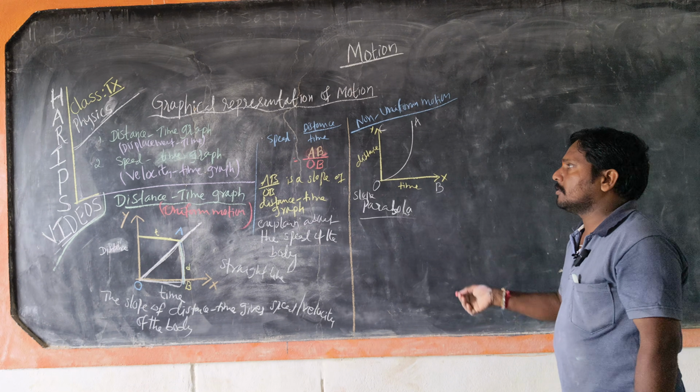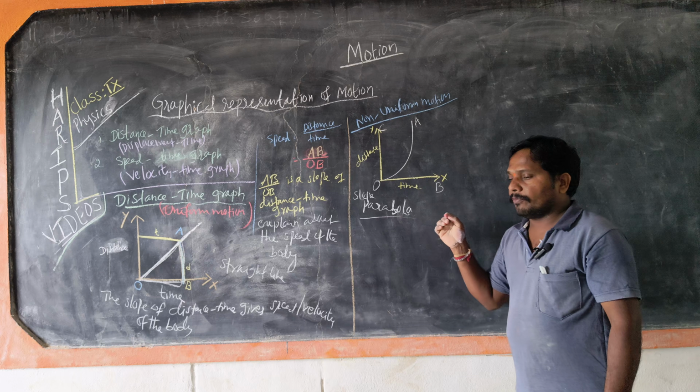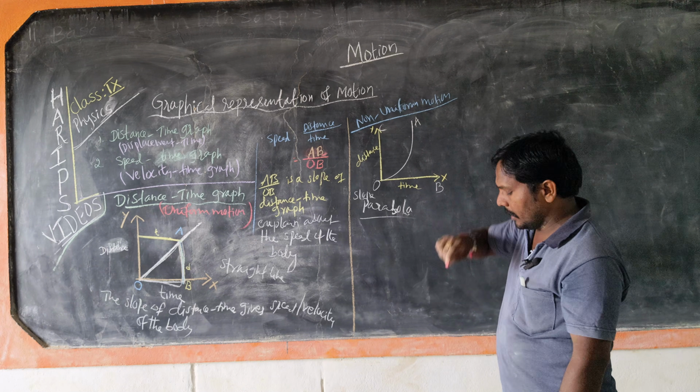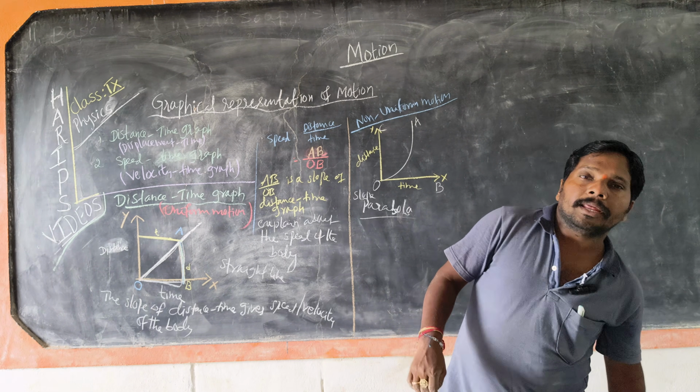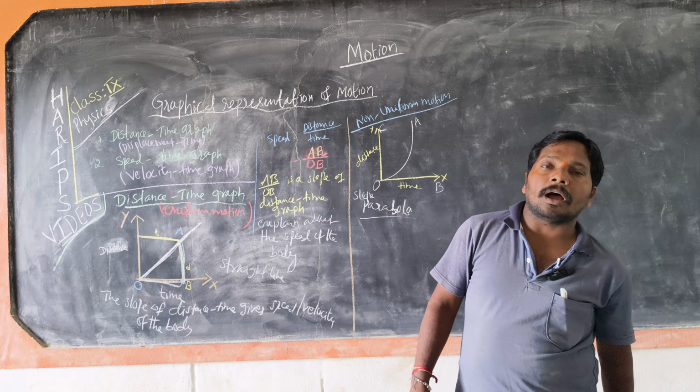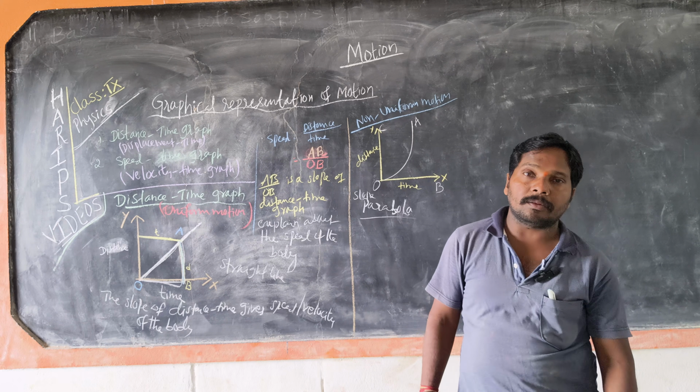If we get a curved line, then the body is in non-uniform motion.